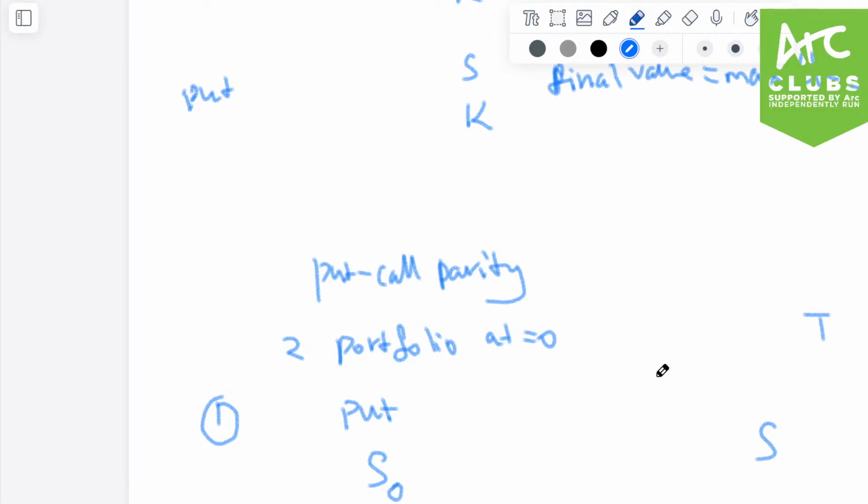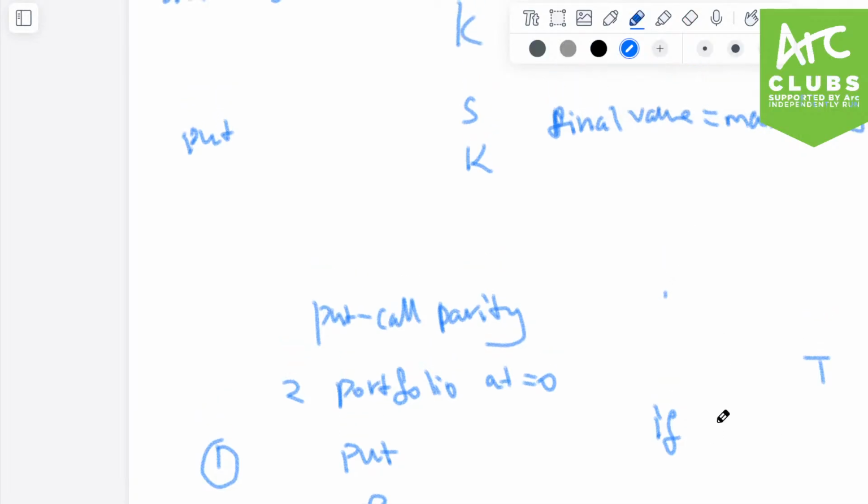And the put option will basically have two possibilities. If K is larger than S, then the value of my put option will be K minus S, and then I also add my underlying asset, which has a value of S. So the final value of my portfolio will be K.